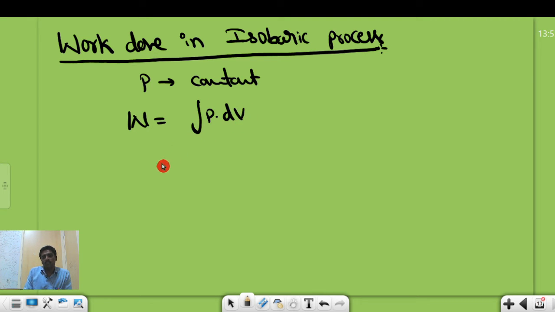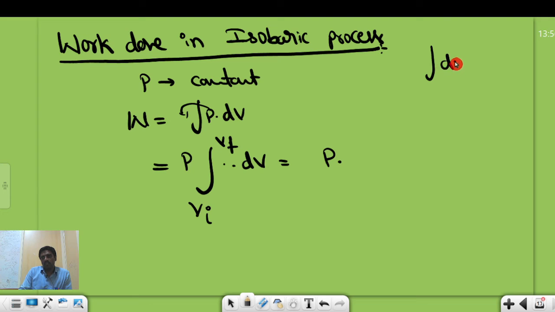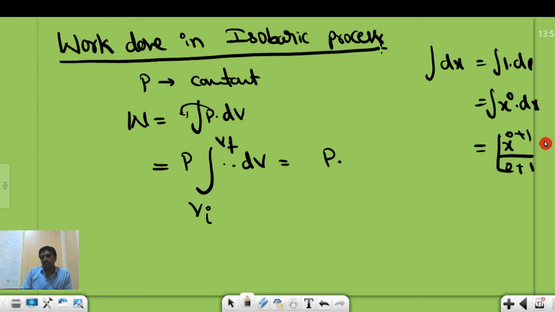Since the pressure is constant, it can be taken out. Then, with initial volume Vi and final volume Vf, it is P times the integral of dV. Integral of 1 dx is the integral of x power 0 dx, which is x power 0 plus 1 divided by 0 plus 1, with limits.